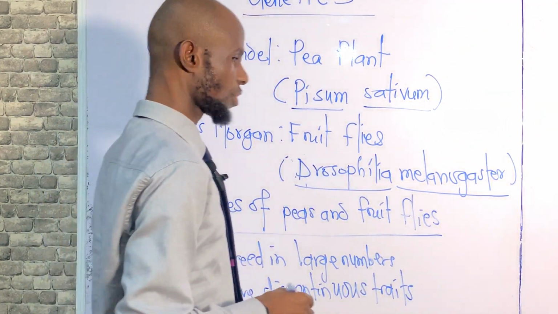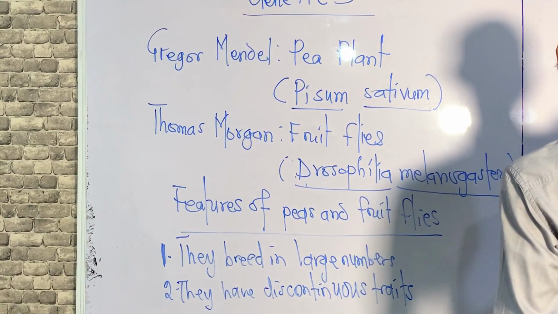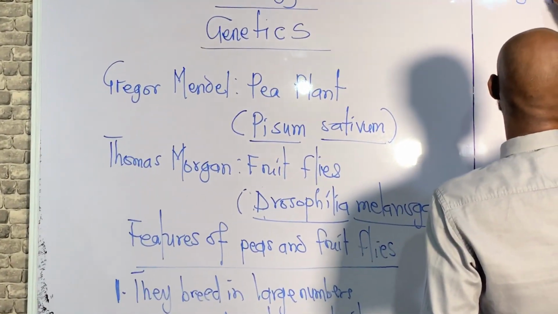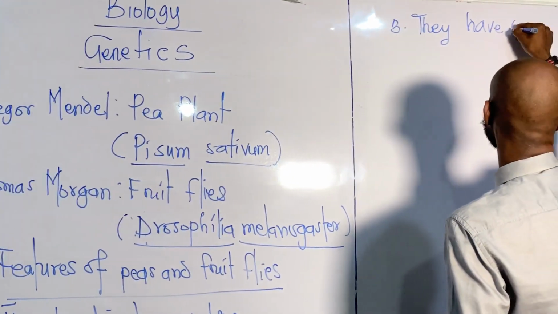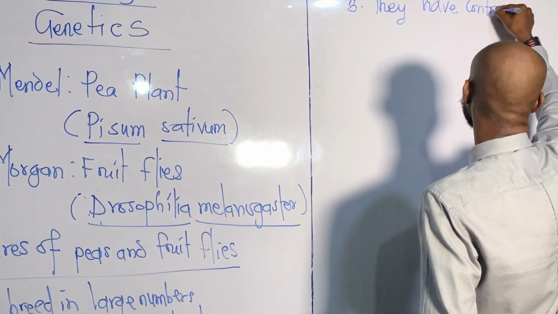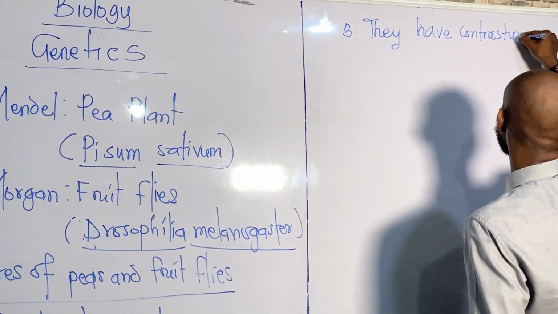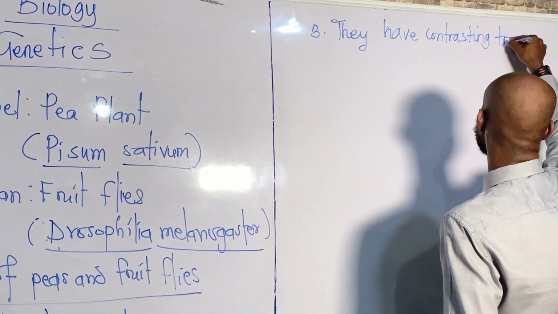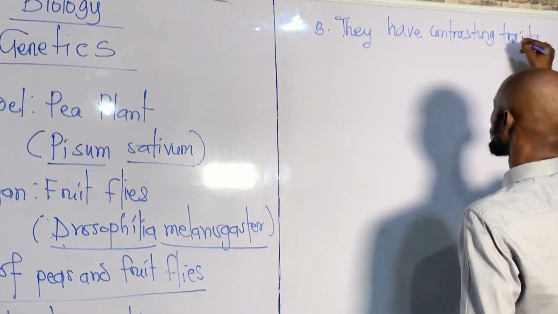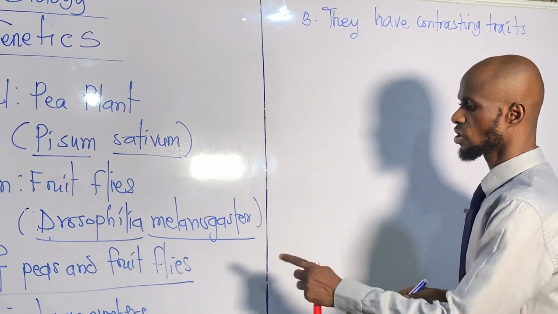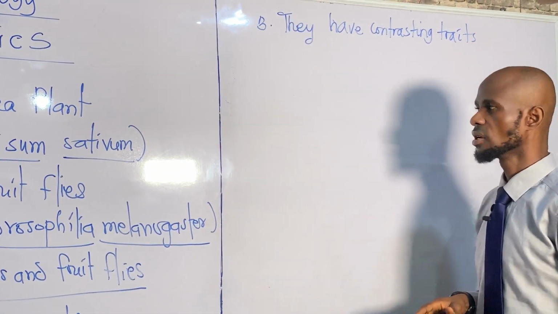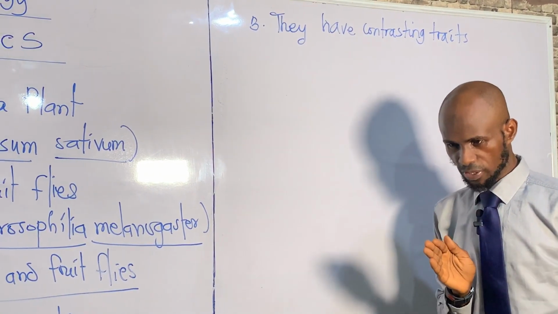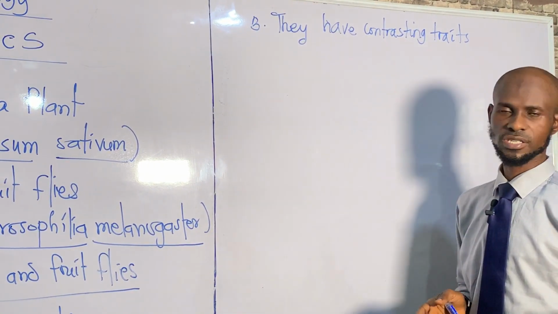Now, number three is they have contrasting traits. Discontinuous means there is no gradation or transition, while contrasting means we have a trait and the opposite of the trait.